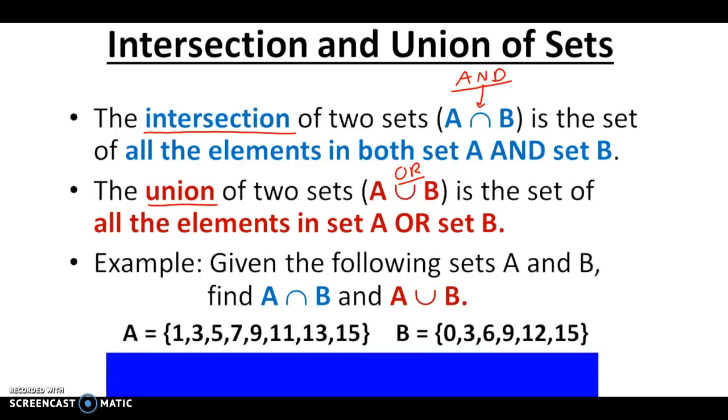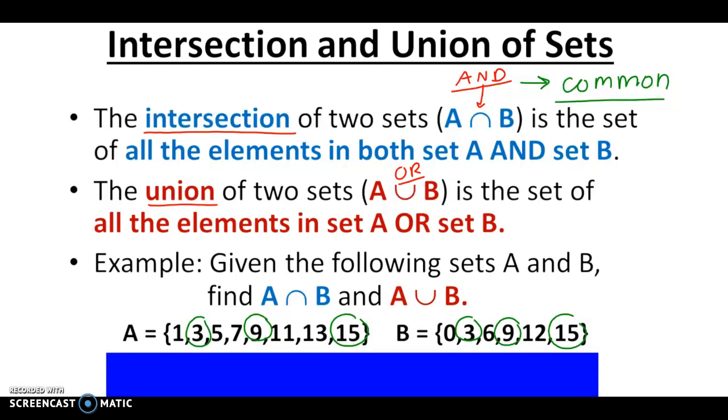You guys see that? Yep. 3, 9, and 15 are in both sets. So another way, and is asking you, what do they have in common? If they're in this and that, that means they're in both sets. So what numbers are in common?